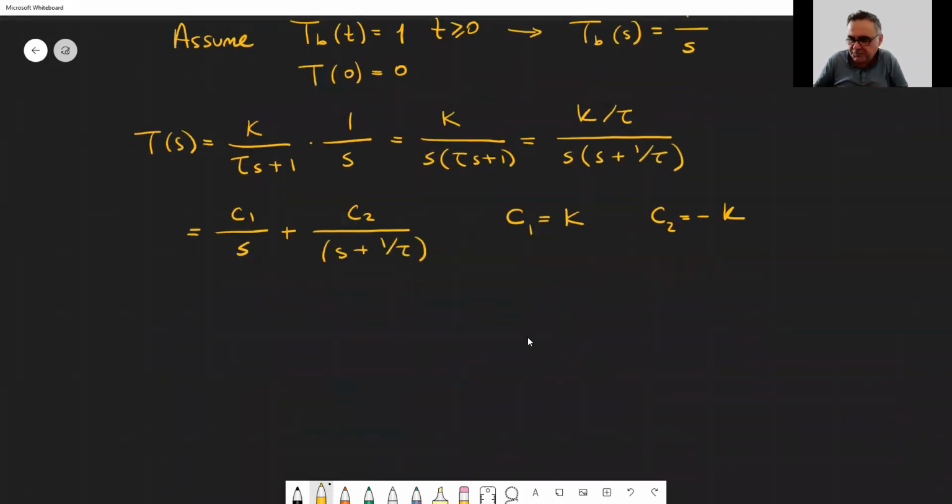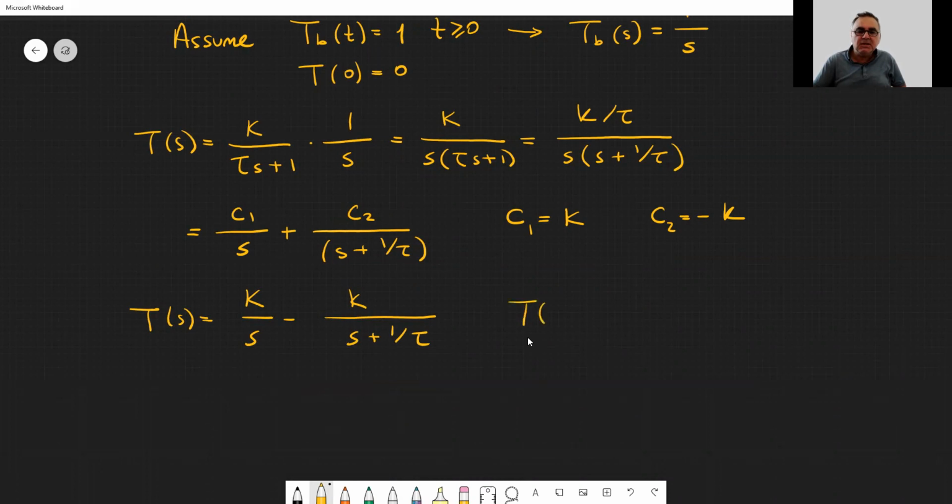So T of S is going to be K over S minus K over S plus 1 over tau. This is what we get for T of S, and the time response of this system is the inverse Laplace transform of T of S, which is easy.